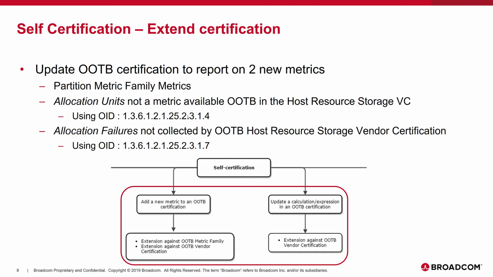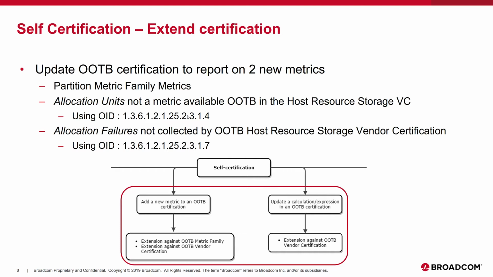So what we are going to do in this exercise is create a new metric for allocation units in the partitions metric family, right? And then update the existing vendor certification to take this OID and map it to this metric, allocation units, that we are going to create.